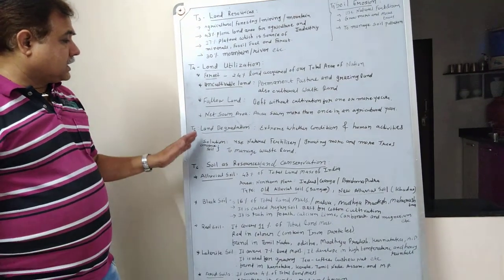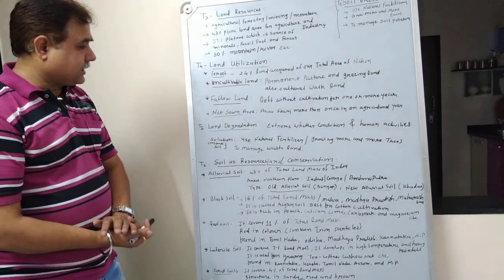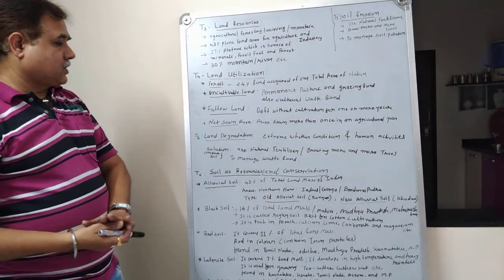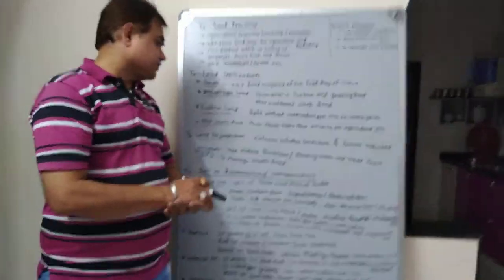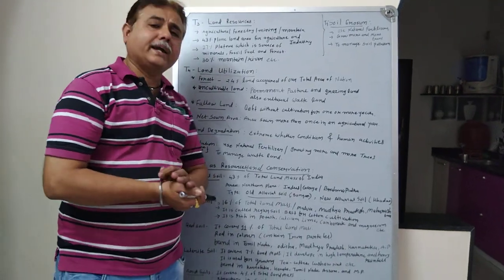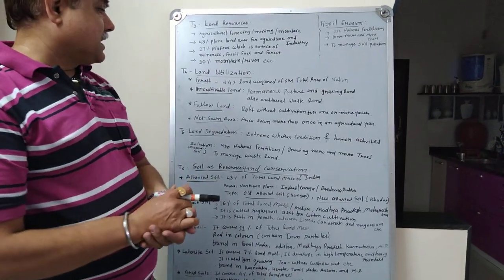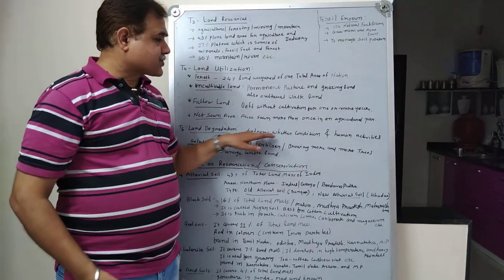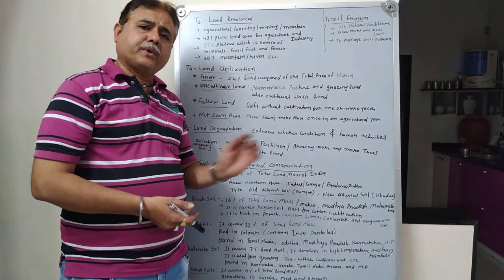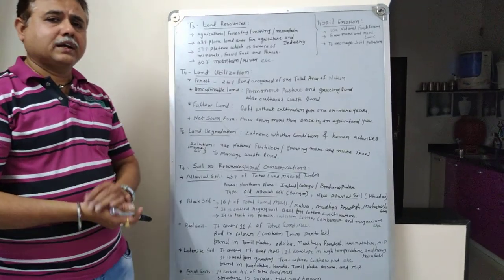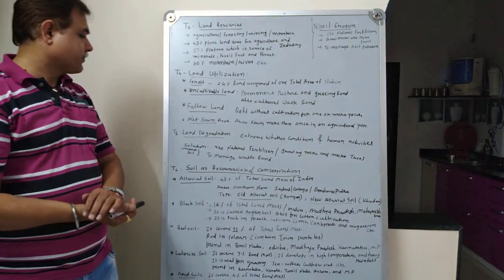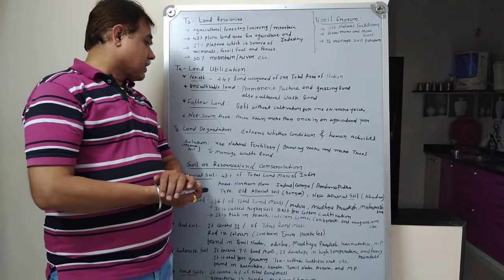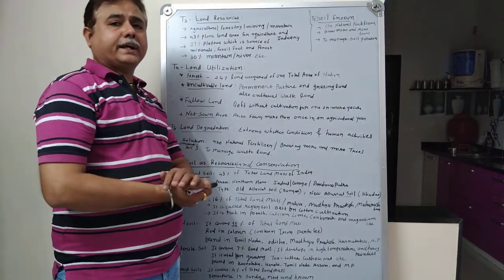Now, topic number 5, land degradation. Student, how does land degrade? Some human activities, also extreme weather conditions, affect the land and it degrades. How to conserve the land?